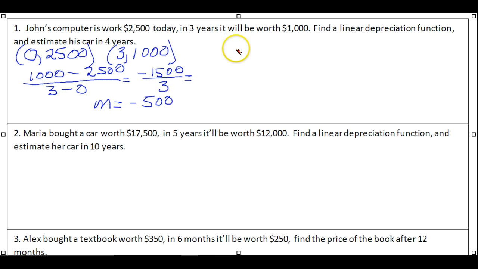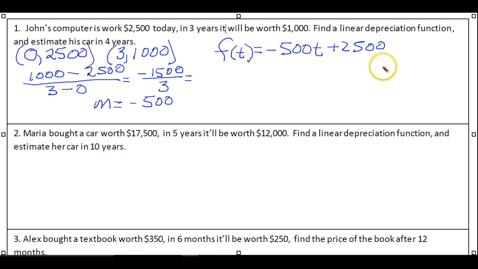So now that we know our slope, f of t is our function symbol, equals our slope, negative 500 t, this is for time, and then since this is our y-intercept here, this is our b value, 2,500.